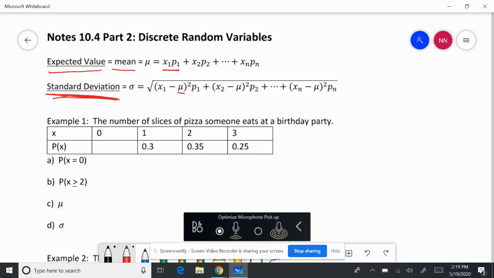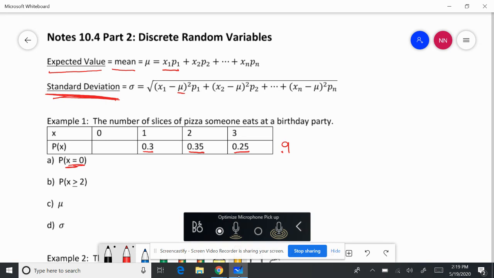So let's look at example 1. First thing that we need to do is we need to figure out what our x value is. Remember, all the tables add up to 1. So what we're going to do is add up the 0.3 plus the 0.35 plus the 0.25, and that gives us 0.9.